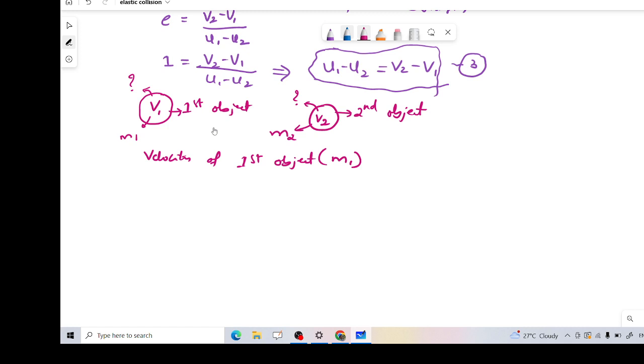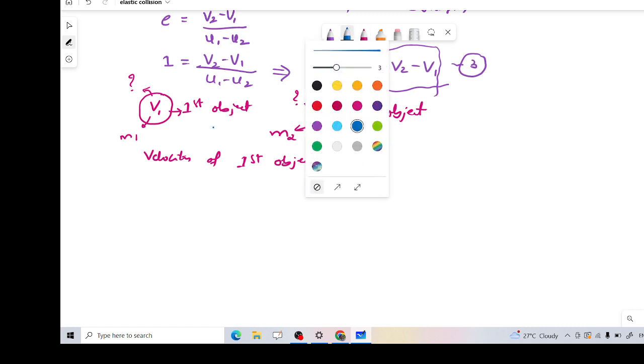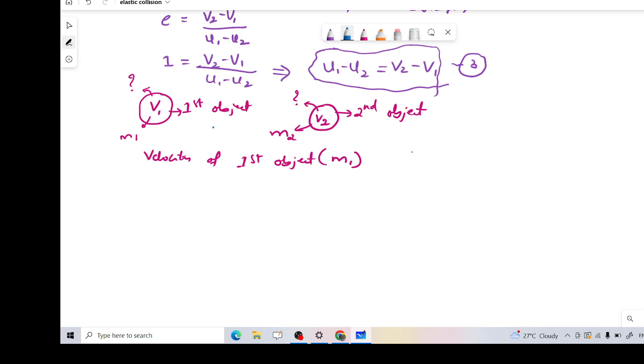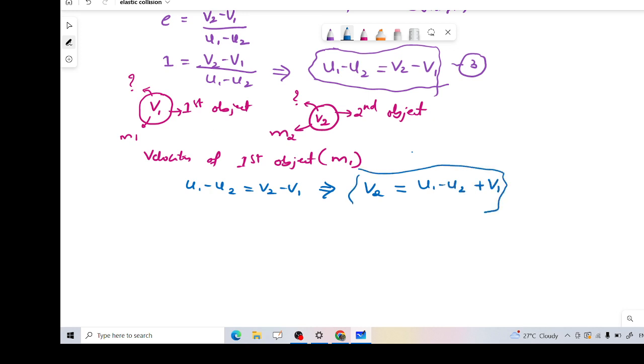With the help of equation number 3, I am rewriting u1 minus u2 is equal to v2 minus v1. I need to find v1, so I will take v2 is equal to u1 minus u2 plus v1, since v1 goes to this side and becomes a plus. I am putting this in equation number 1.